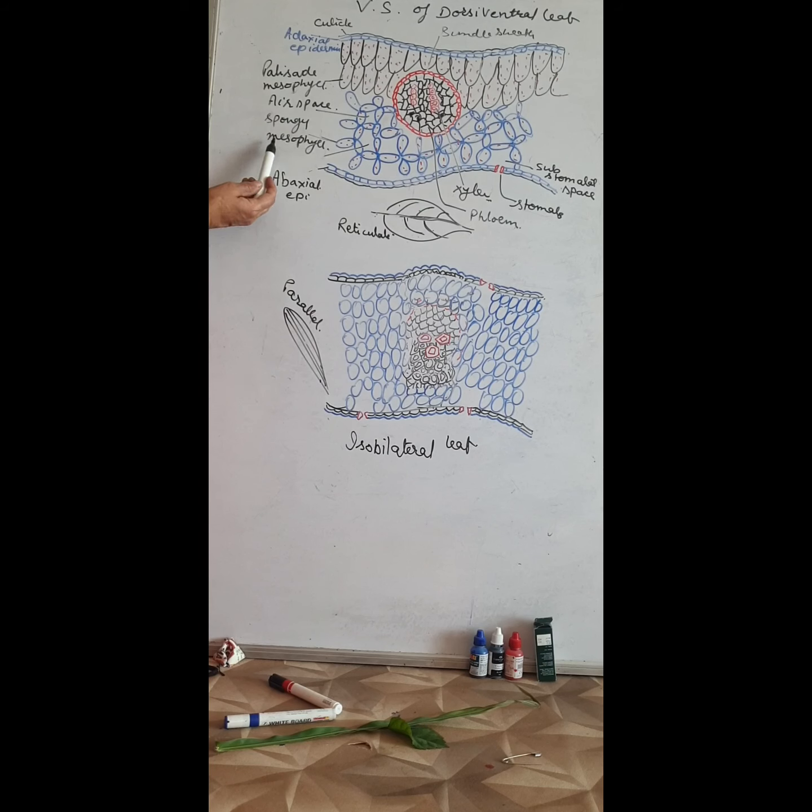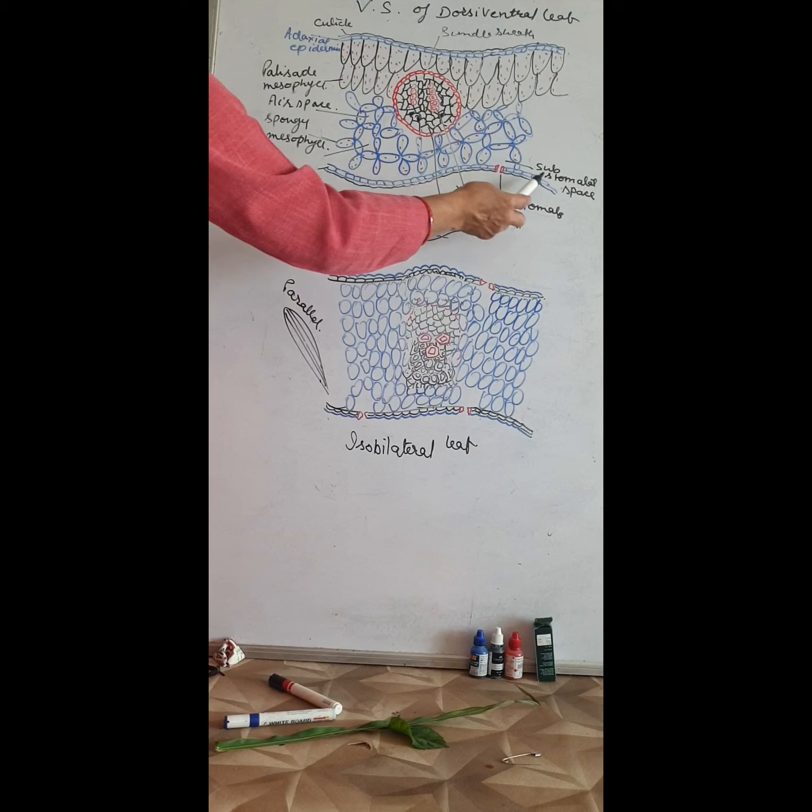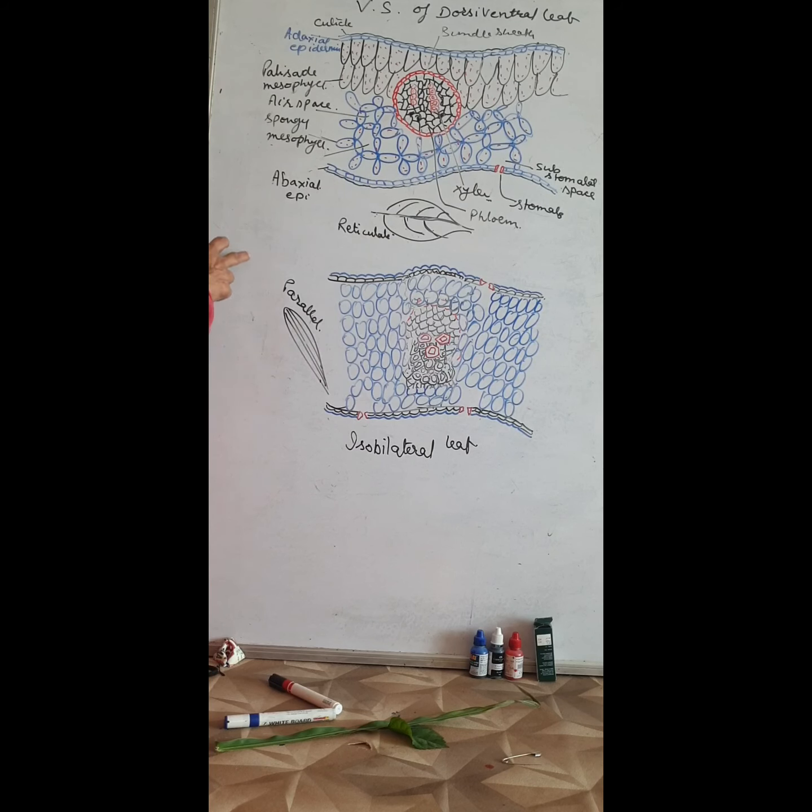The vascular bundle has xylem and phloem, covered by a thick wall layer, the bundle sheath. The stomata are there and the substomatal space is there.